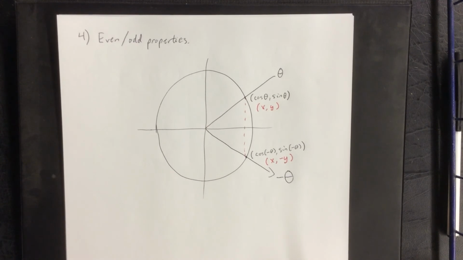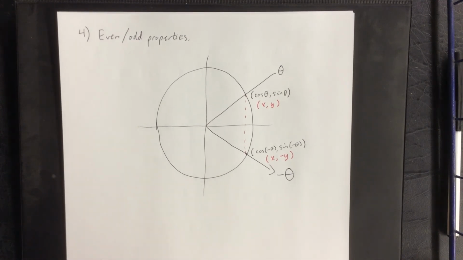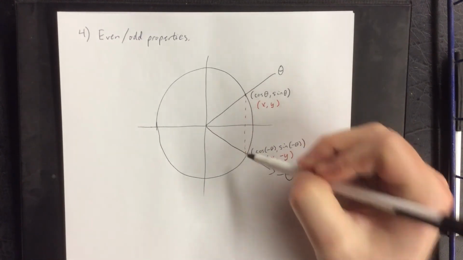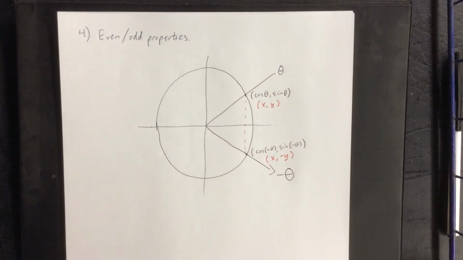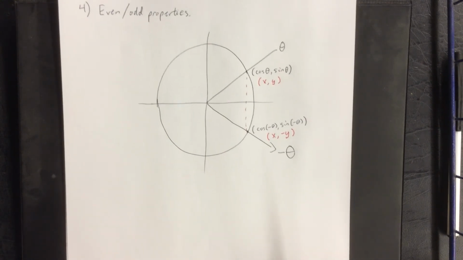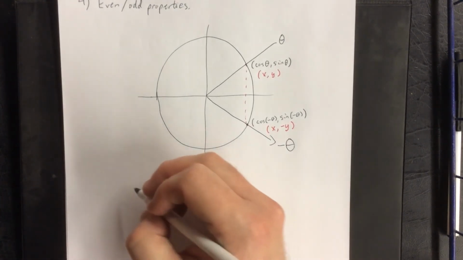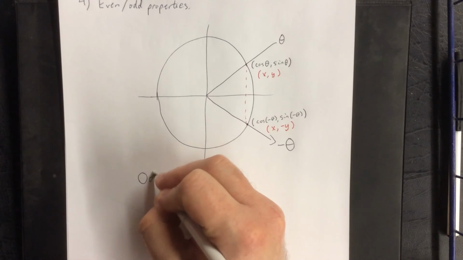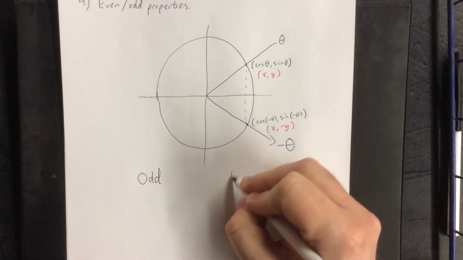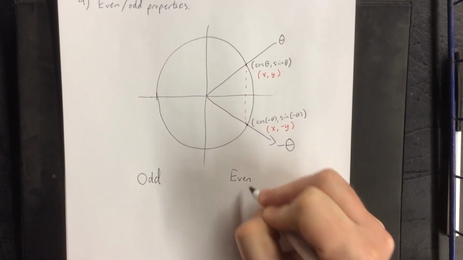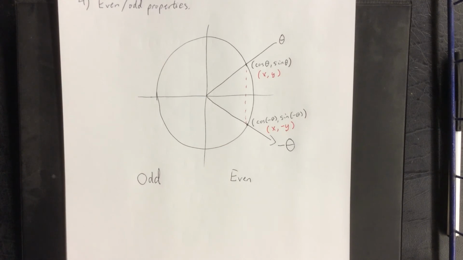So the question becomes, for each of our 6 trigonometric ratios, functions now, when I go from quadrant 1 into quadrant 4, is the trigonometric ratio staying positive, or is it becoming negative? If it becomes negative, it would be considered an odd function. If it stays positive, it'll be considered an even function.